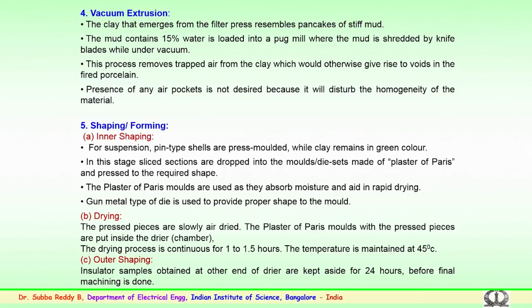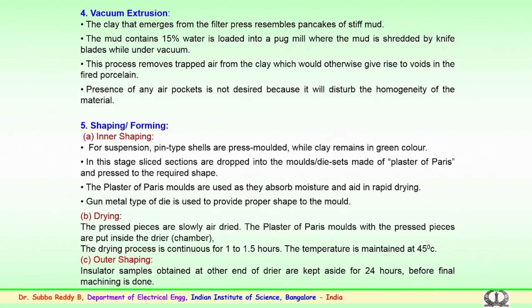Plaster of Paris molds are used as they absorb water and moisture and aid in rapid drying. The importance of using plaster of Paris molds is that drying is faster and moisture is removed. Usually a gun metal type die set is employed to provide proper shape to the mold. This is for the inner shaping.